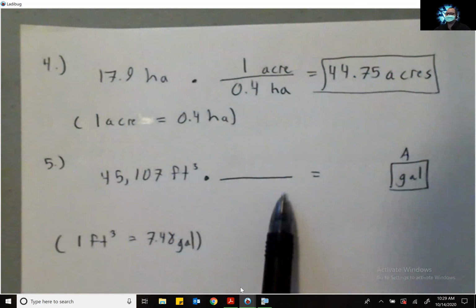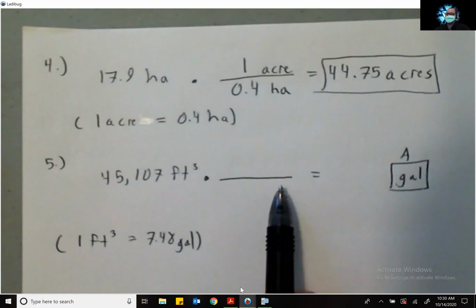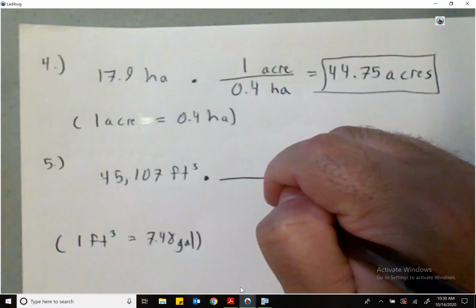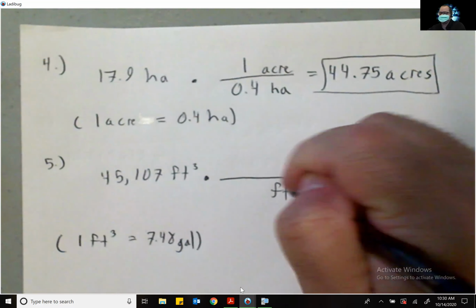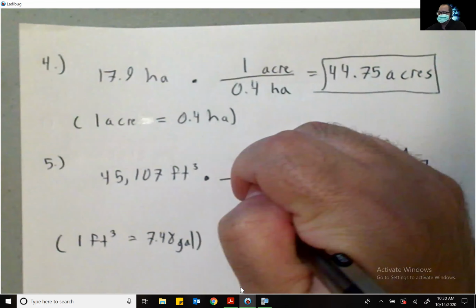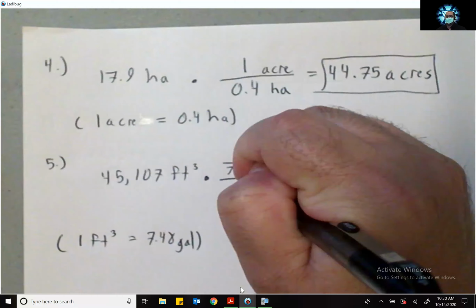What label is in our denominator? Cubic feet. Yippers. That means gallons is in the top. So 1 goes in the bottom and 7.48 is in the top.